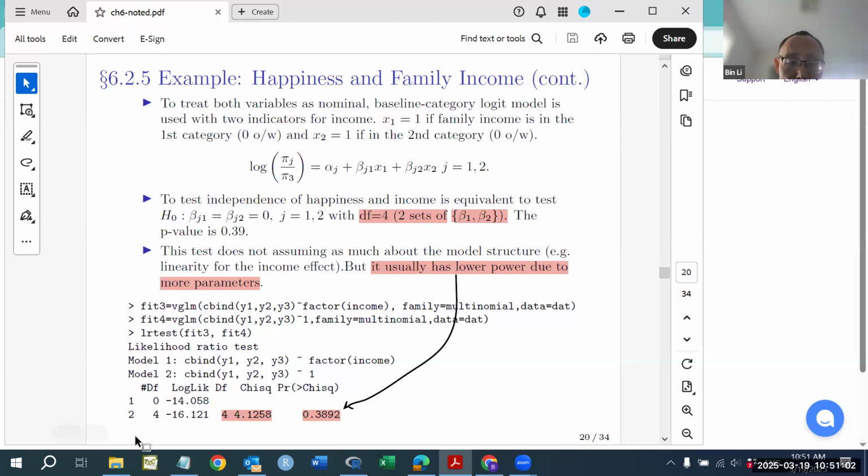Is that clear? So let me show you where's the table. Statistics table. Where's the table? Let me see.